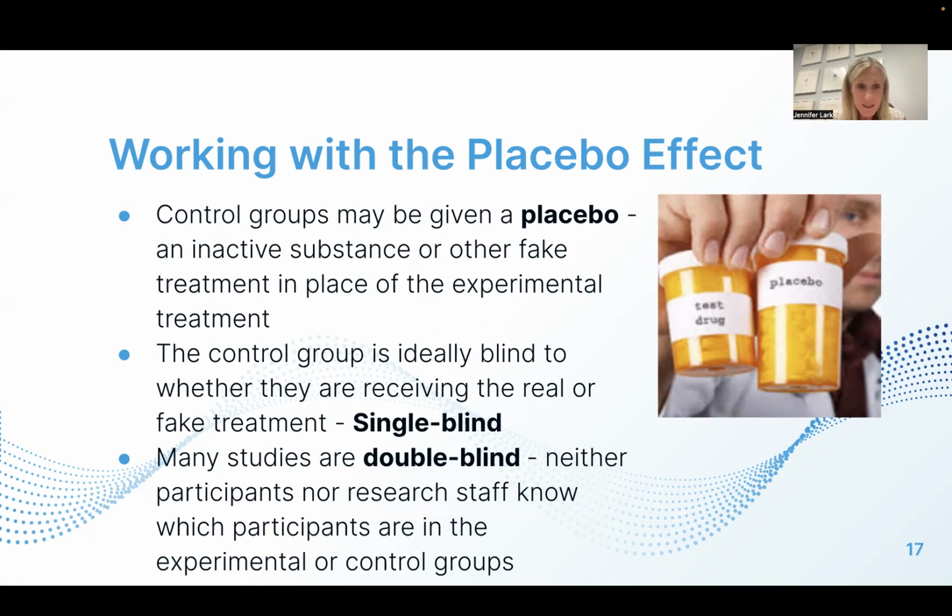And in a double-blind study, neither the participants nor the research staff that are implementing the experiment know which participants are in the experimental or control group. So there's no way that anybody can unconsciously impact the results of the experiment. And what you do instead then is you hire an independent team to come through and analyze the results for you so that there's no possible bias that's going to be impacting the true results that you're looking for.